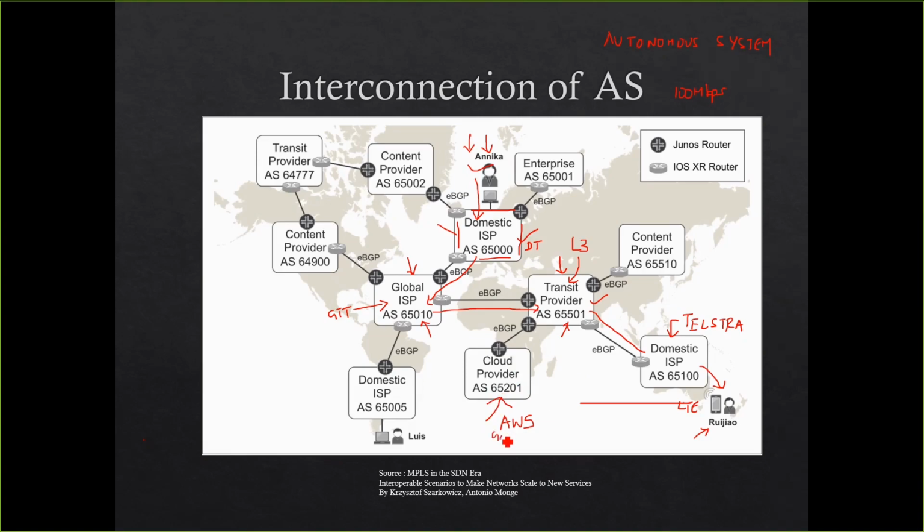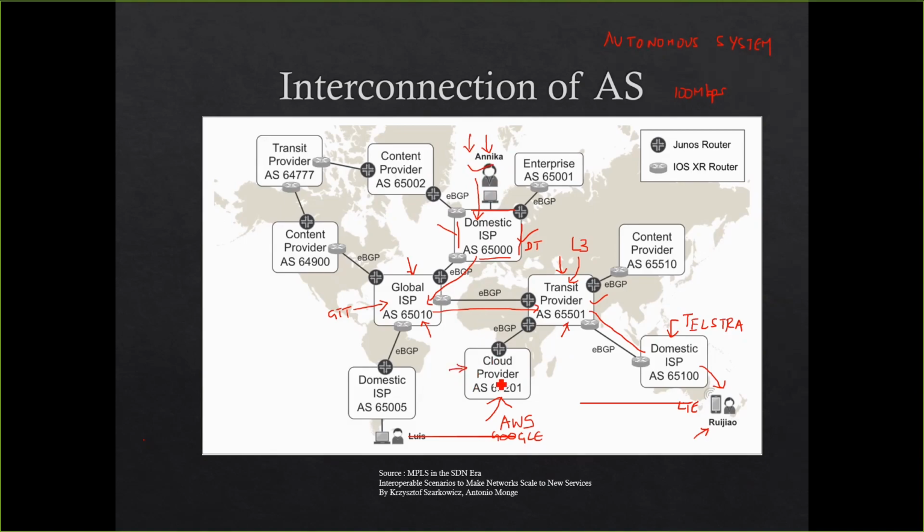For example, if you are watching any videos on YouTube, mostly it's coming from Google Cloud, right? It's a network managed by Google. So if Anika is going to watch a YouTube video, then she is going to probably get the content from the cloud provider.